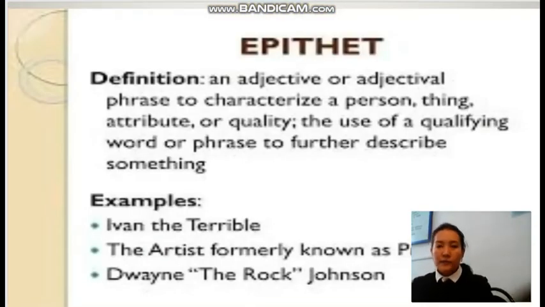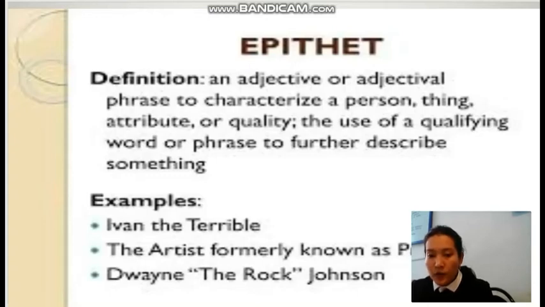The example of the epithet. Ivan the Terrible, the artist formerly known as Prince, Dwayne "The Rock" Johnson. So we use an epithet to express what kind of person or thing it is.